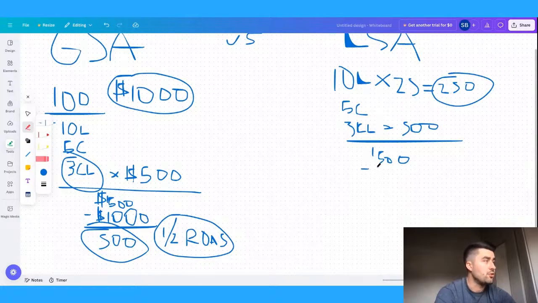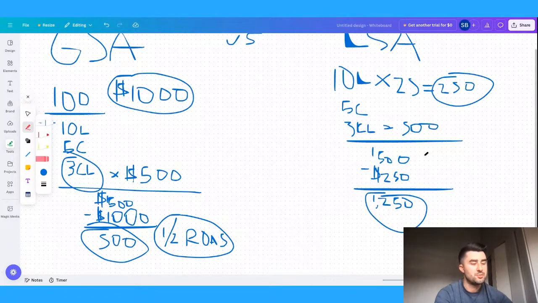Now we have to factor in that maybe outside of paying a tech to do the work, your profit on this is $1,250, right? $1,250.